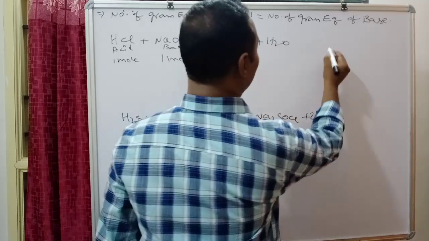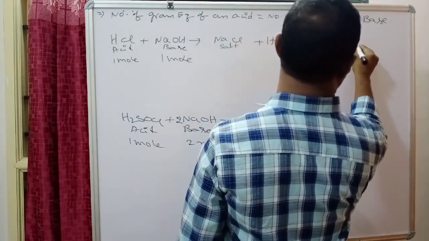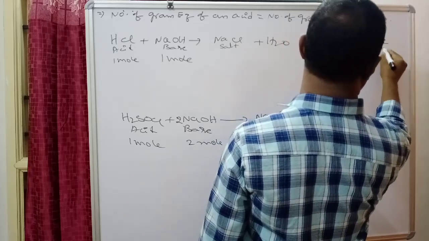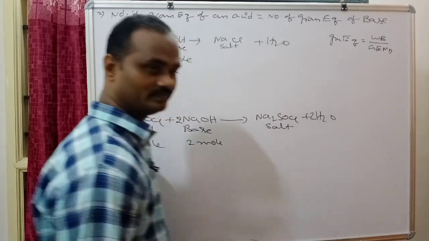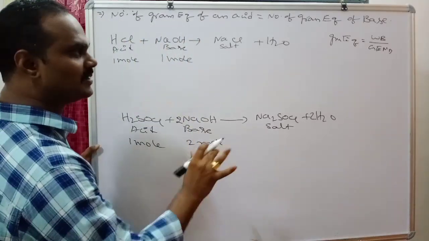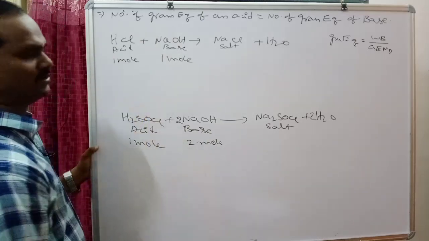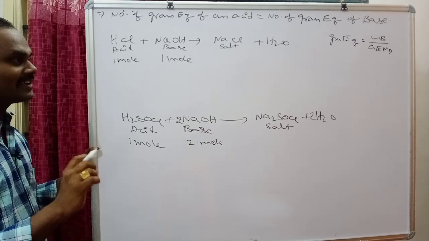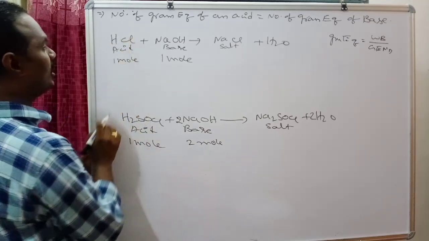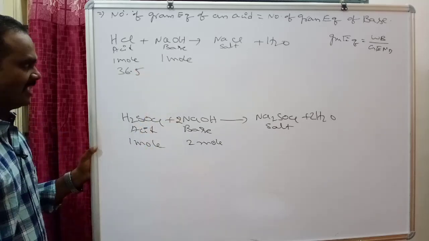Carefully see, gram equivalents is equal to mass of solute by its gram equivalent mass. The equivalent mass concept we'll see in another session. Here only these 2 cases we are going to explain; how to calculate equivalent mass I don't want to see here. 1 mole of HCl has molar mass 36.5 grams.